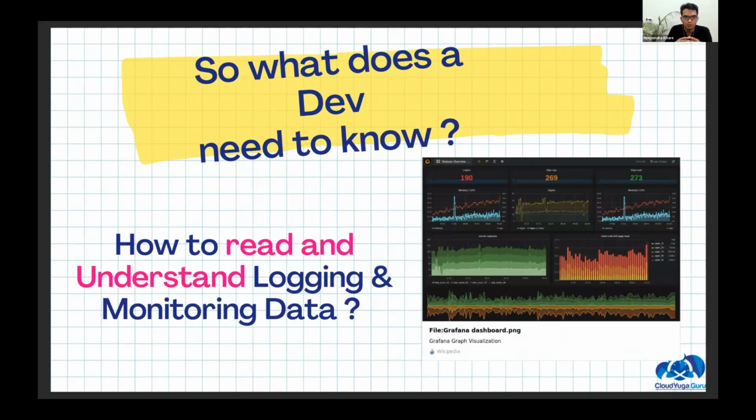So when this platform is being built within an org, the ops and the dev team come together and lay down the guidelines, how things need to happen in our org.